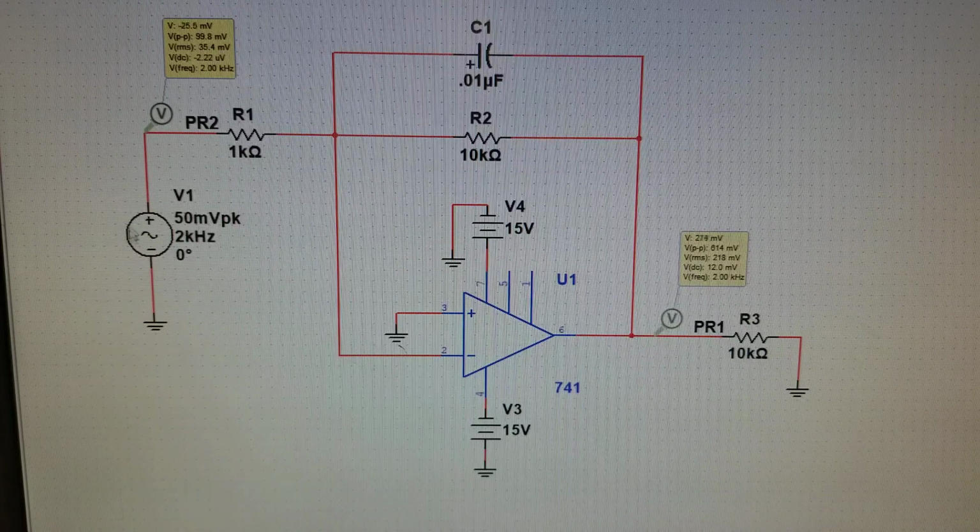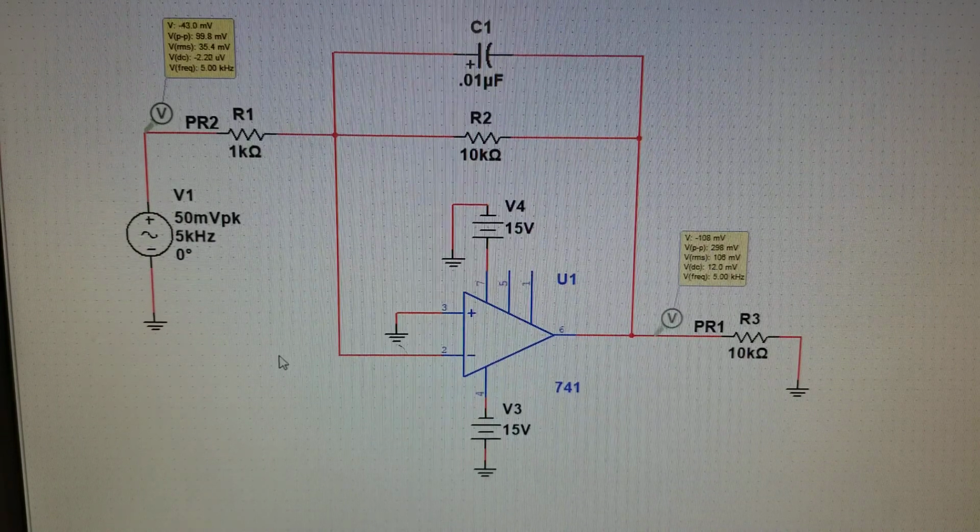So we're now looking at an input of 2 kilohertz. Our input voltage is still 100 millivolts. Our output voltage is down to 614 millivolts. Make sure you plot out your gain and your voltage gain.